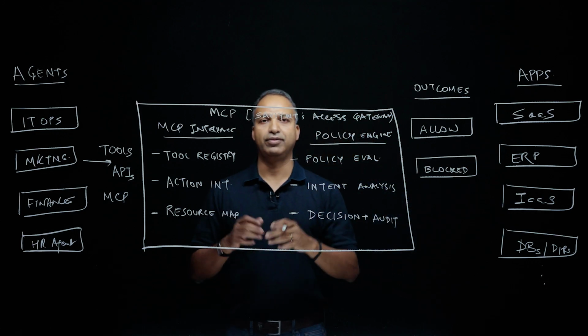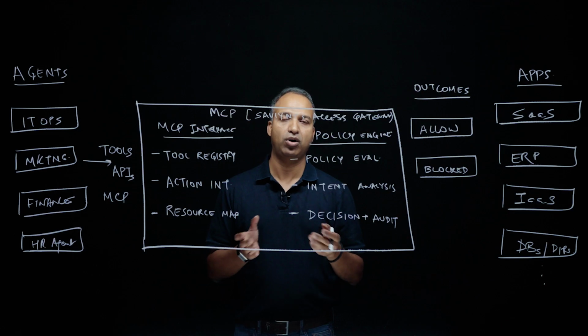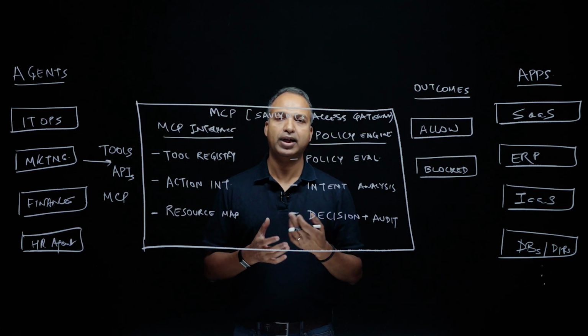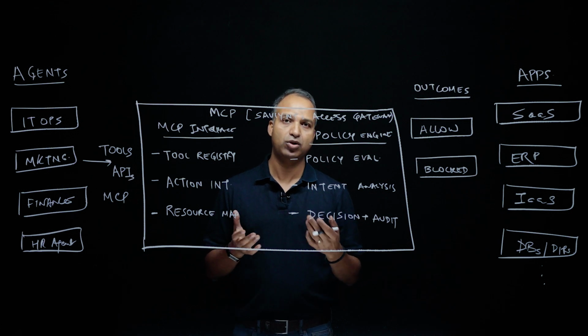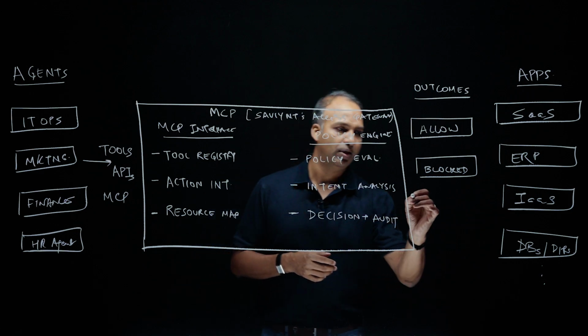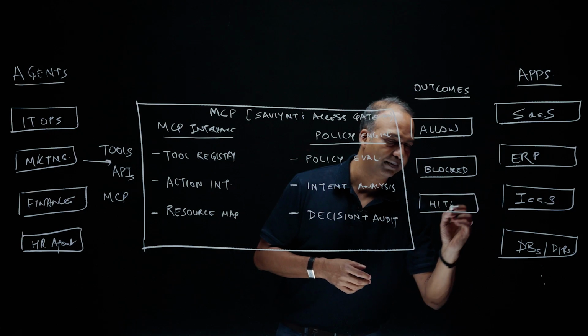For example, if the agent's intent is to be going in and exporting all your data outside your CRM system, and if your policy says that such kind of data exfiltration is not allowed, which ideally it should be, then those transactions get blocked. You can also have a human in the loop outcome.